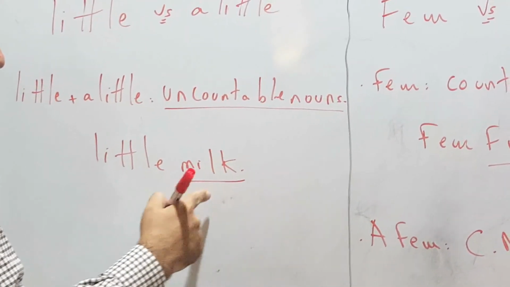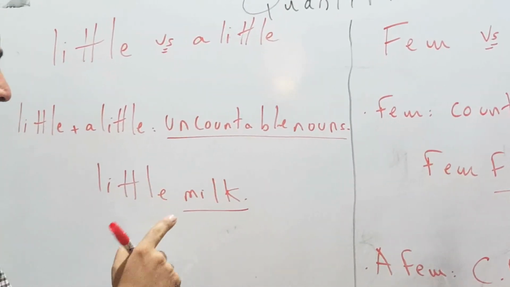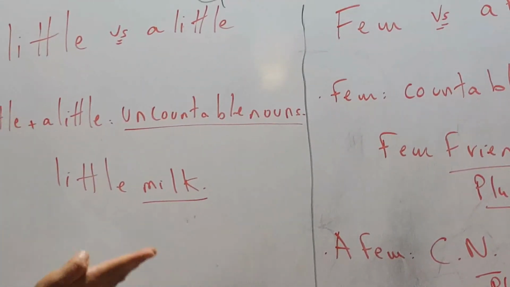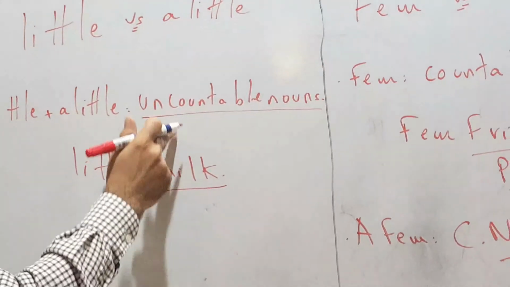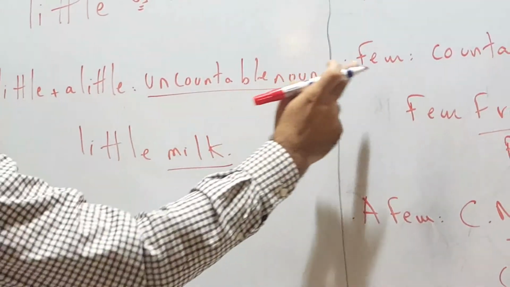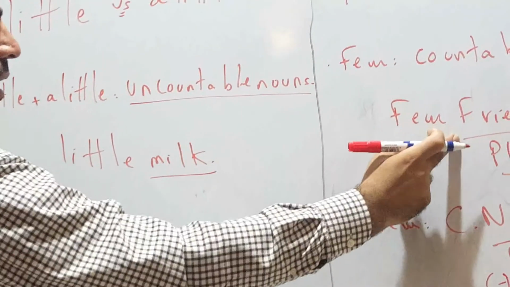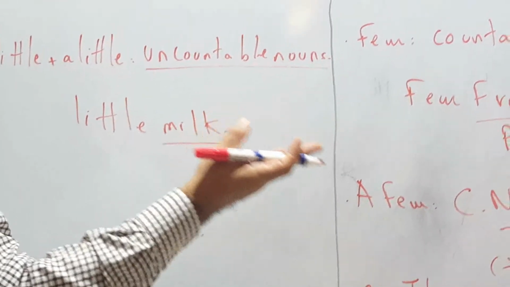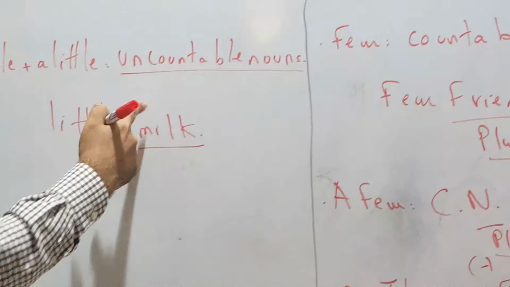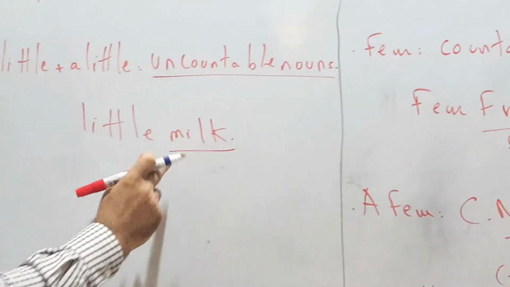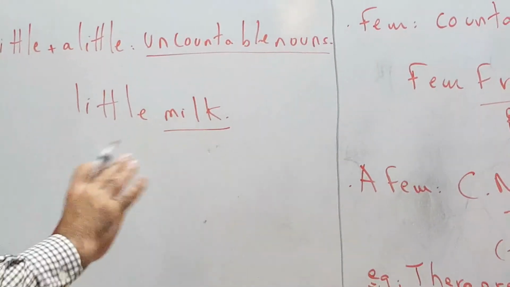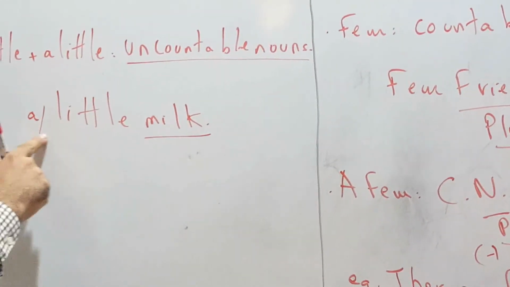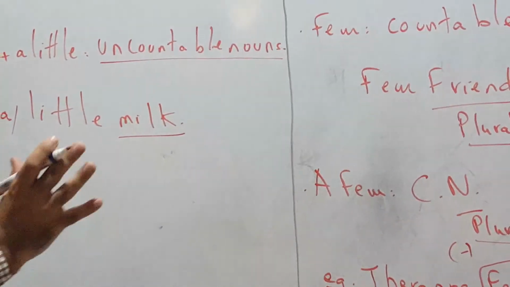The word milk here is uncountable. That is, you cannot say I have 1 milk, 2 milks, 3 milks. So it is uncountable. It is the opposite of few, because here we can say I have 1 franc, 2 francs, 3 francs. So it is countable. We can count 1, 2, 3, 4. While milk cannot be countable. Milk, water, money, they are uncountable nouns. And I can say also a little milk. It depends on the context.